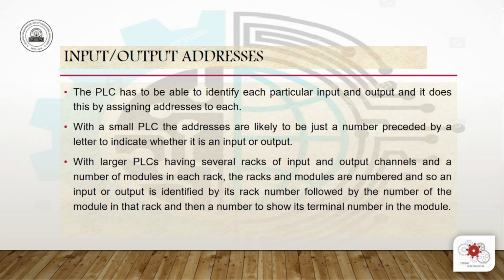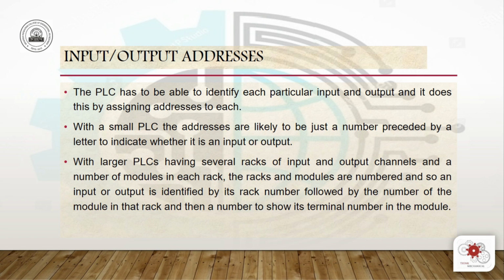And the addressing can be done as the rack number followed by the number of the module in that rack, and then a number which will show its terminal number in the module. So first there is an alphabet I or O. I is for input rack and O for output rack.